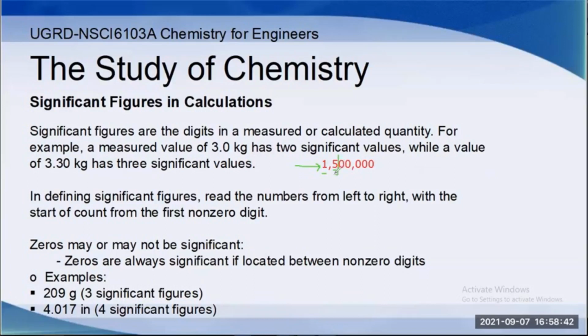So these are the significant figures. 1,500,000. Okay, so what does this mean? This is an estimate. But for example, the actual amount that you have is, let's say, 1,535,100. Okay. What does this two significant figure mean?